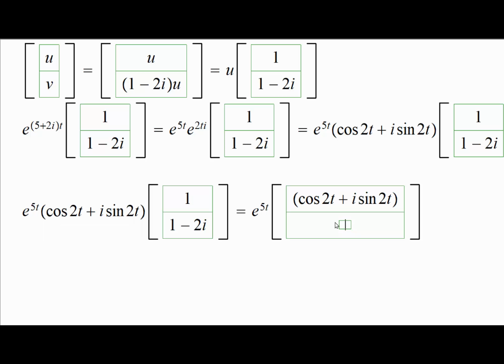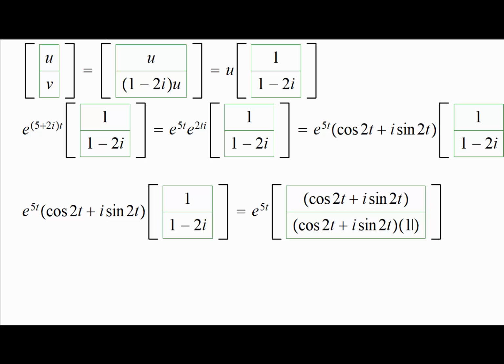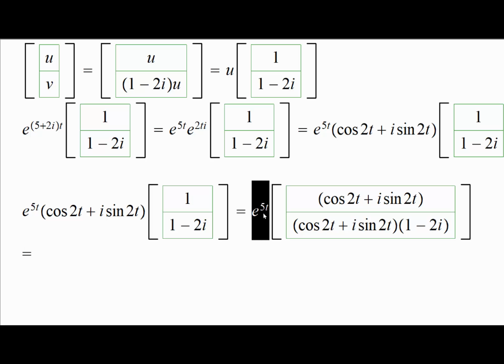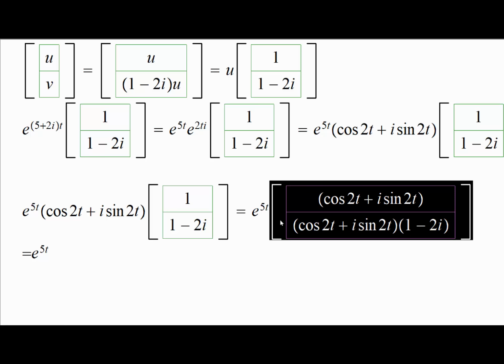Let's write them down. So we got this, and then 1 minus 2i. Going on to the next step, we have e to the 5t.